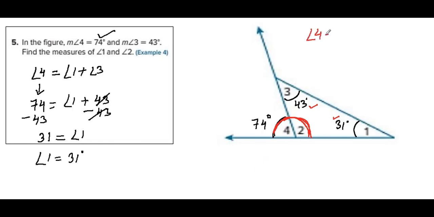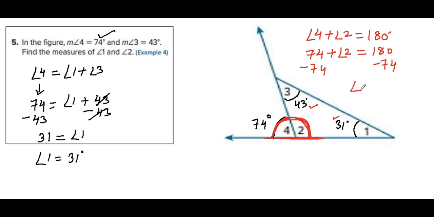Angle 4 plus angle 2 should be equal to 180 degrees, because this is called a straight angle. And whenever there is a half circle forming, that means this is a linear pair. 4 is 74, angle 2 we don't have, 180 degrees, subtract 74 both sides. So angle 2 will be equal to 10 minus 4 is 6, 7 minus 7 is 0, 106 is your angle 2.